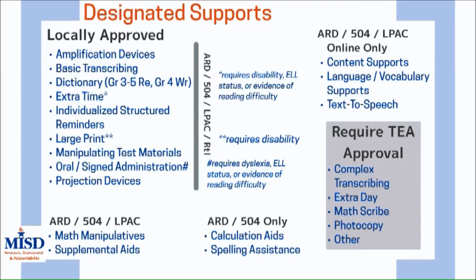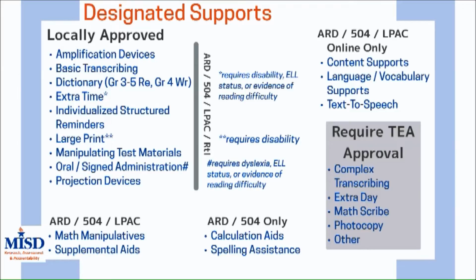To the upper left, you see the supports that are available to students who receive special ed or 504 services or who have an RTI plan. Three of those supports require additional circumstances, and two of those three may also be available to ELL students. To the lower left are supports available to special ed, 504, or ELL students.